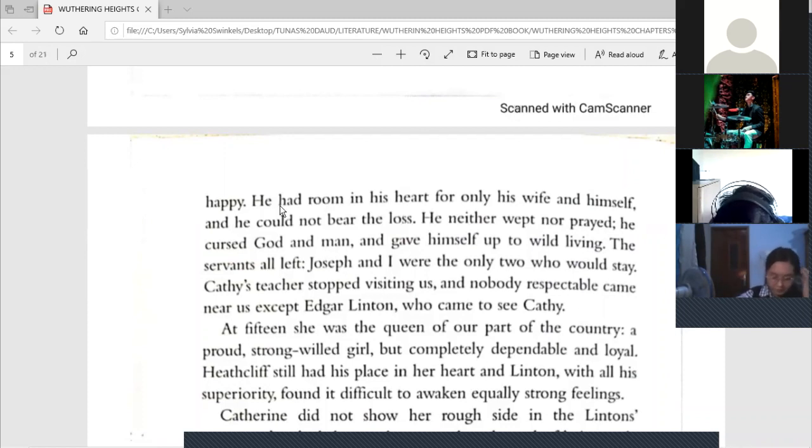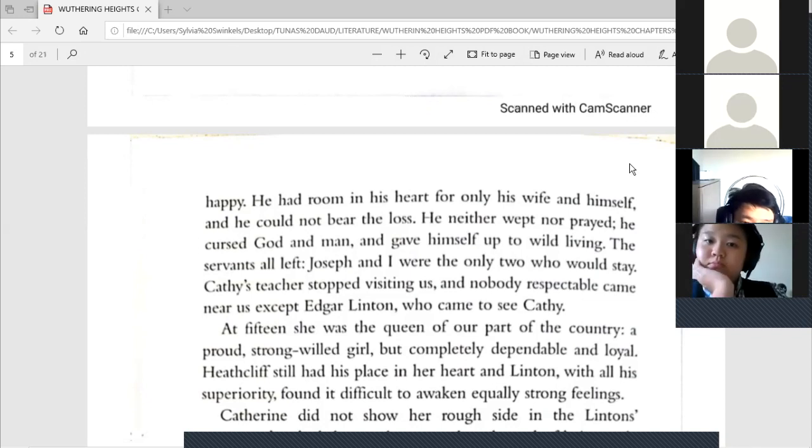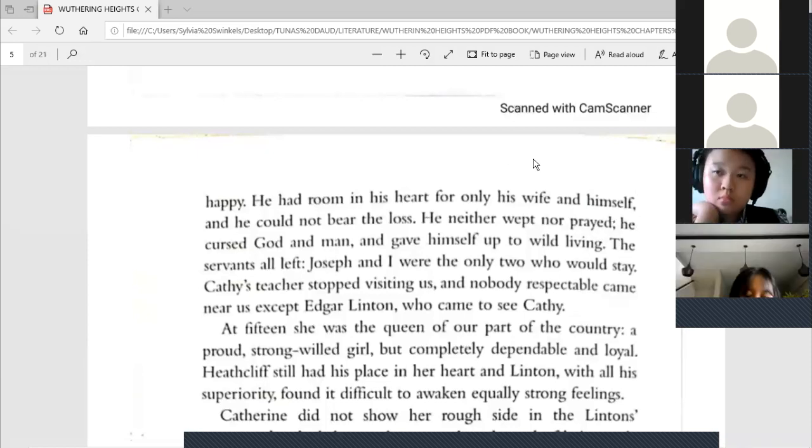It says here he had room in his heart for only his wife and himself, and he could not bear the loss. What does this mean, William? He had room in his heart for only his wife and himself. What does that mean? That means he wouldn't cheat on his wife. Yeah, one thing for sure, he's loyal. But what does that mean with reference to his child?